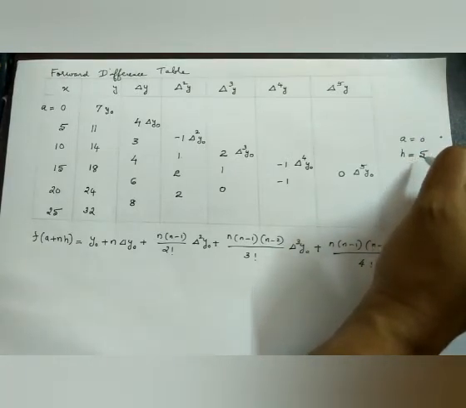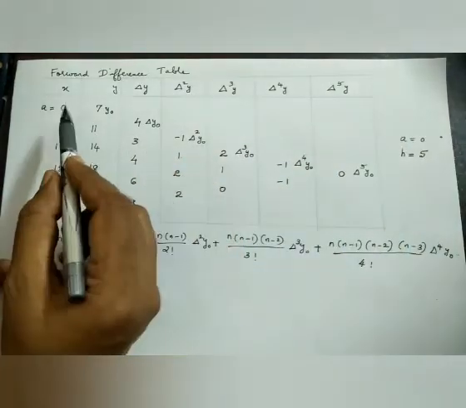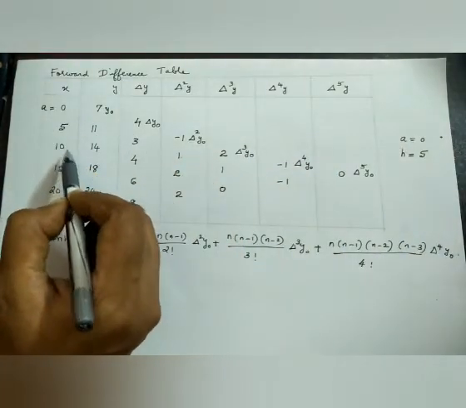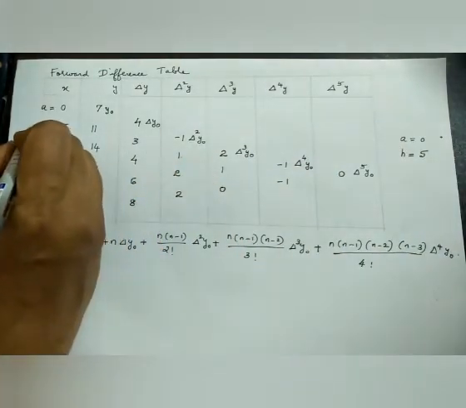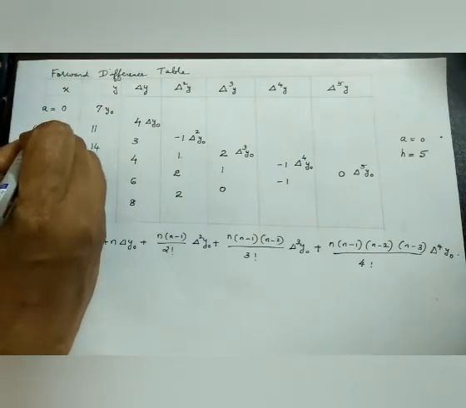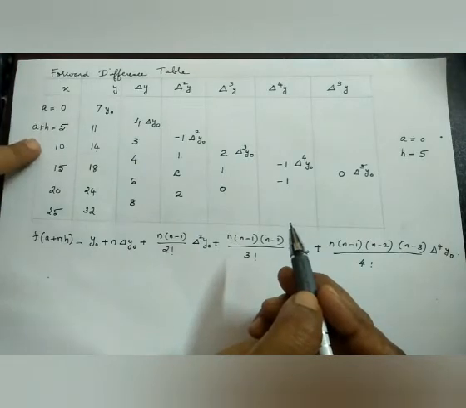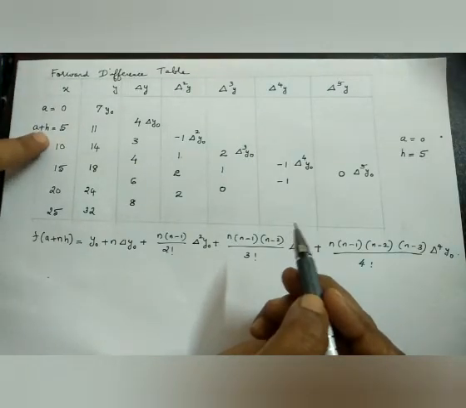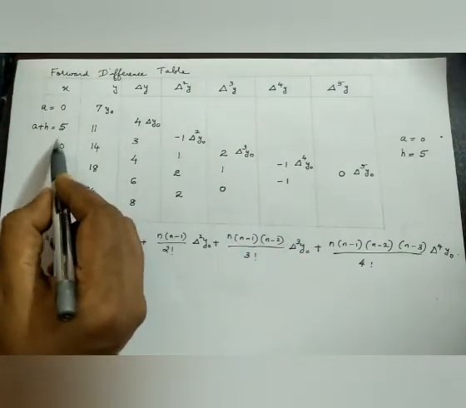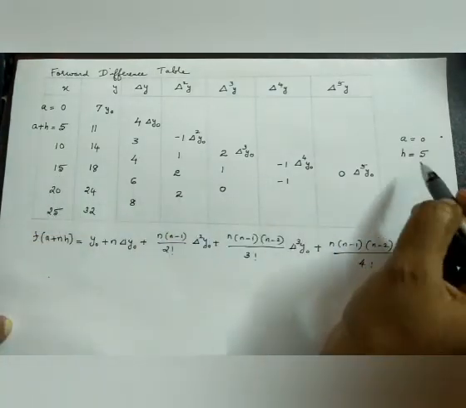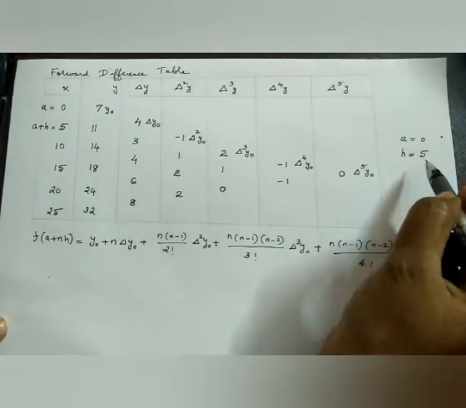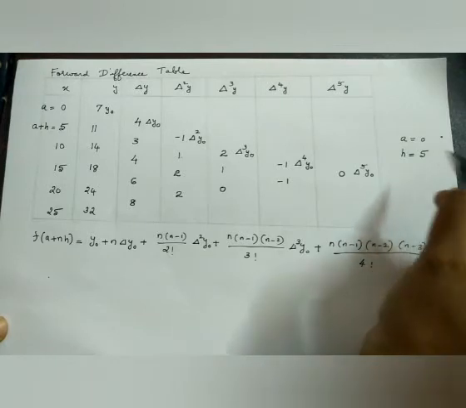Here we know that the values of x are at equal intervals, therefore the interval of differencing is a plus h minus a, that is h, that is 5. In each case it is 5, isn't it? Therefore the interval of differencing is h equal to 5.